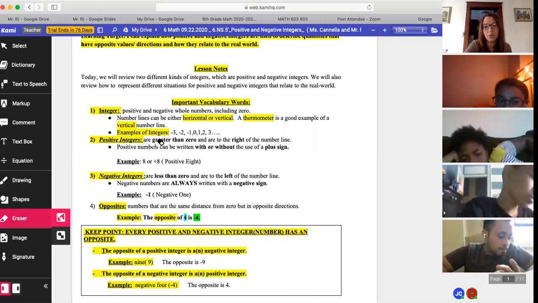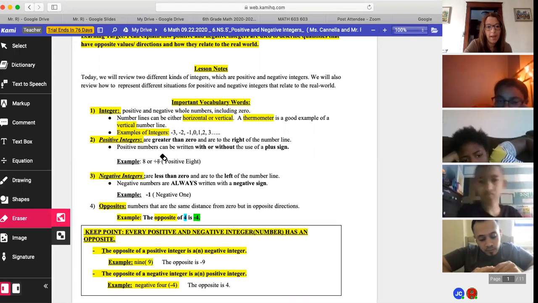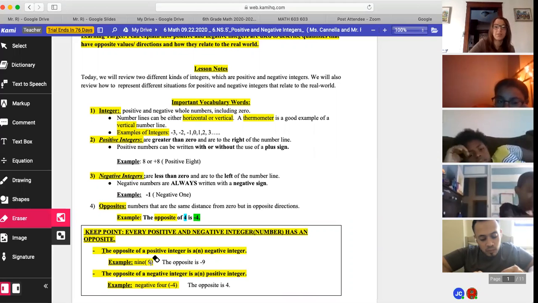Positive integers are to the right of 0, they're greater than 0. An example, 8 is the same as +8. And negative integers fall to the left of 0. They always have a negative sign. And opposites, every integer has an opposite. The opposite of a positive is a negative, and the opposite of a negative is a positive.